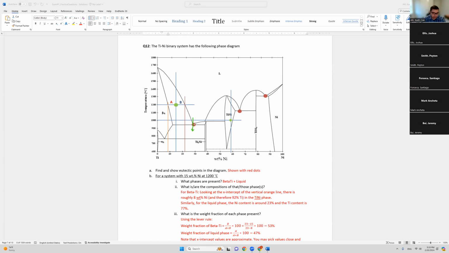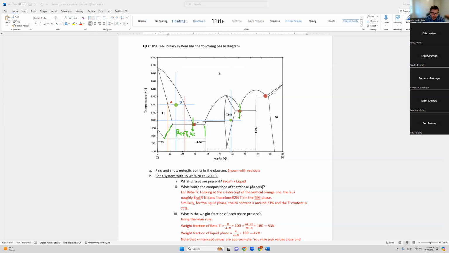For this point, liquid transforms into beta titanium, because I have this boundary right on the left, beta titanium, and this boundary, titanium 2 nickel. So liquid transforms to beta titanium plus titanium 2 nickel phases.